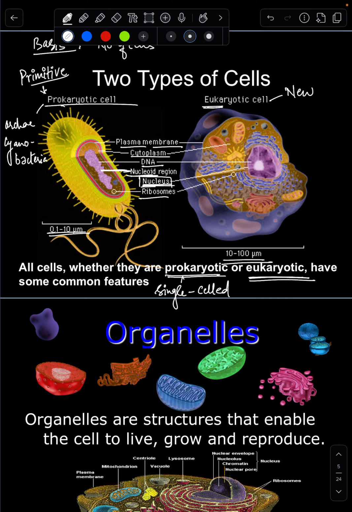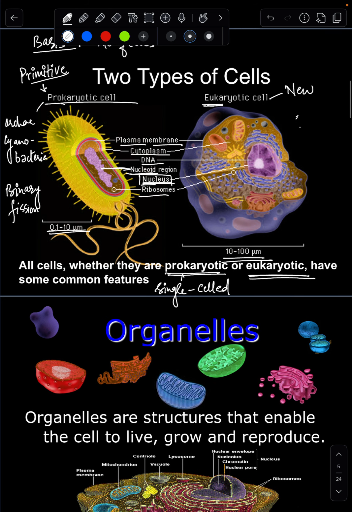Hereditary material, which gets inherited, is DNA or RNA. Prokaryotes generally reproduce by binary fission, a form of asexual reproduction. So they divide by binary fission. And eukaryotes, we all know, undergo sexual reproduction to divide, which we will see later on.